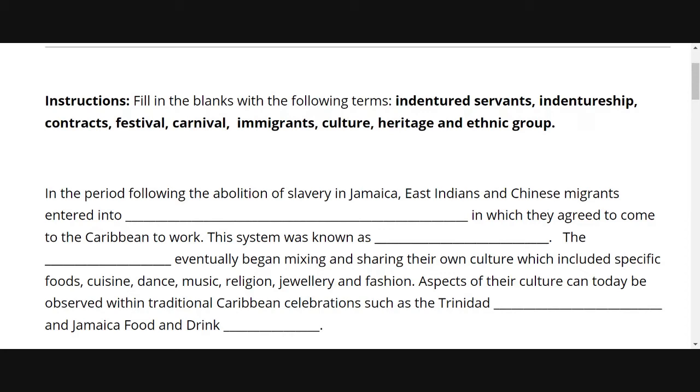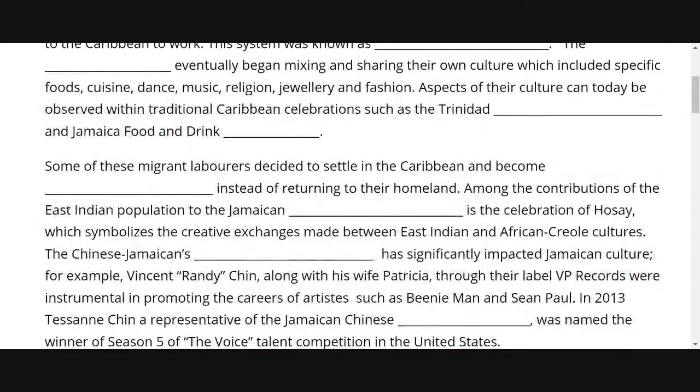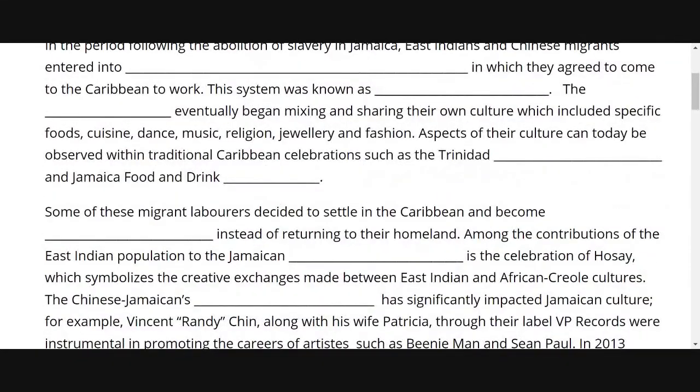I'm only seeing one person answering Trinidad. I don't know if it's Trinidad Festival. So aspects of their culture can today be observed within traditional Caribbean celebrations such as the Trinidad dash and Jamaica food and drink something.